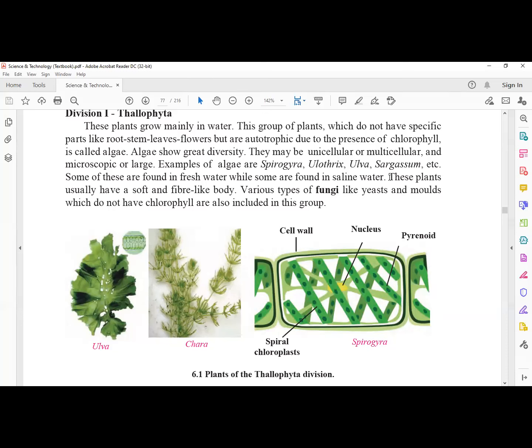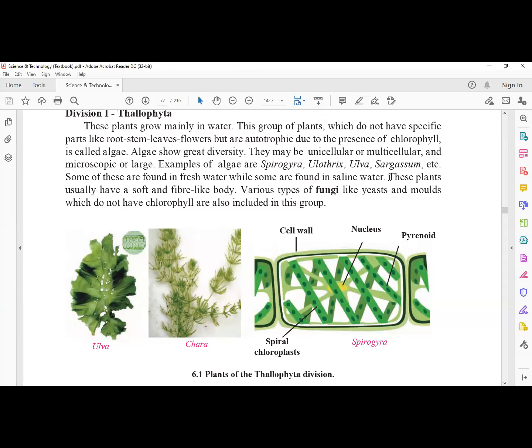And various types of fungi like yeast and molds, which do not have chlorophyll, are also included in this group. Though they are not autotrophic, they are still included in this group called algae. Okay, molds are also.